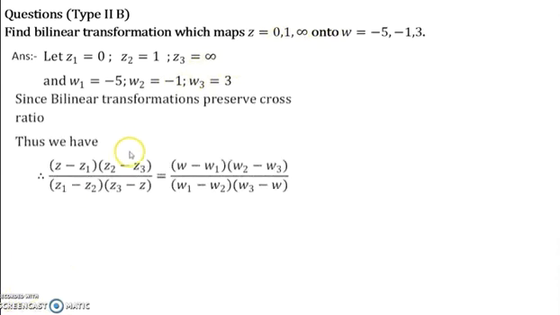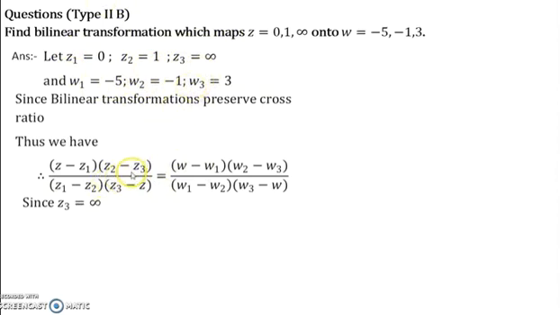Our bilinear transformation preserves cross ratio, so we have the formula (z minus z1)(z2 minus z3) by (z1 minus z2)(z3 minus z), which is equal to the right hand side, (w minus w1)(w2 minus w3) by the corresponding terms.